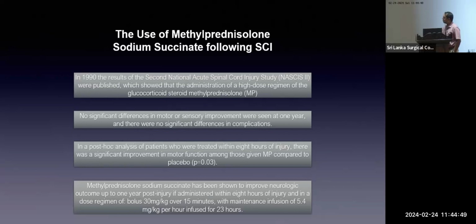That is when people started using methylprednisolone. This paper came out in 1990 and people started using it from 1993. Prior to that, they said there was no benefit of using it, but after this paper, people started using it.